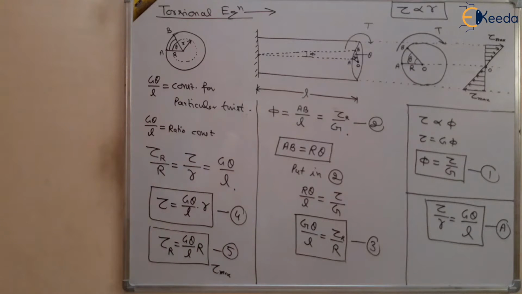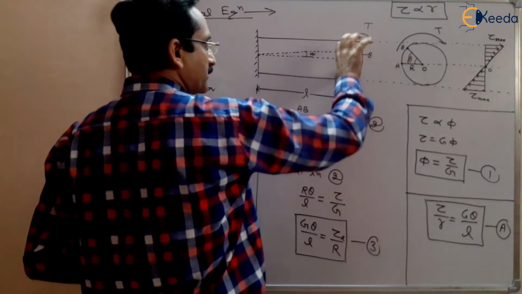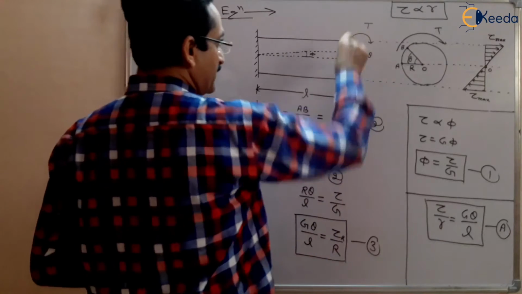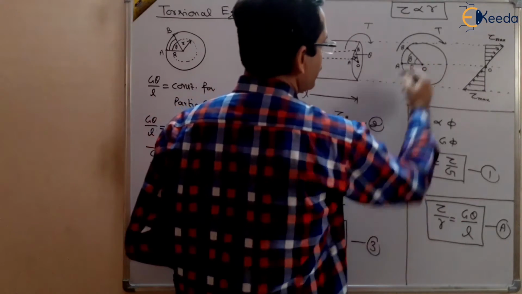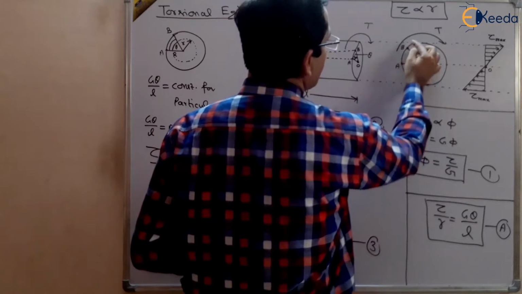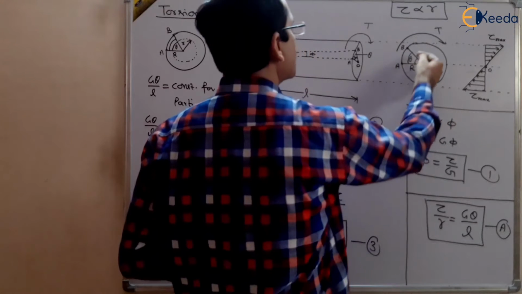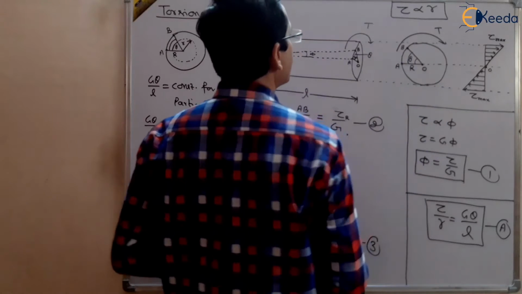Let us summarize it. We have taken a shaft, we have given a torque T, there is a twist from A to B, and the angle of twist is theta. We are considering the outer periphery only, right? We can consider an intermediate periphery also, but for the time being we are taking the outer periphery.